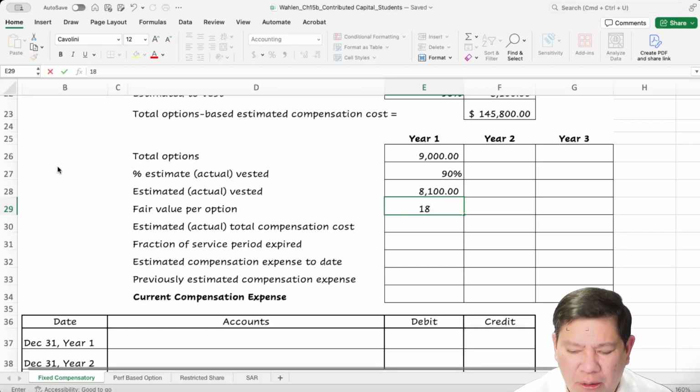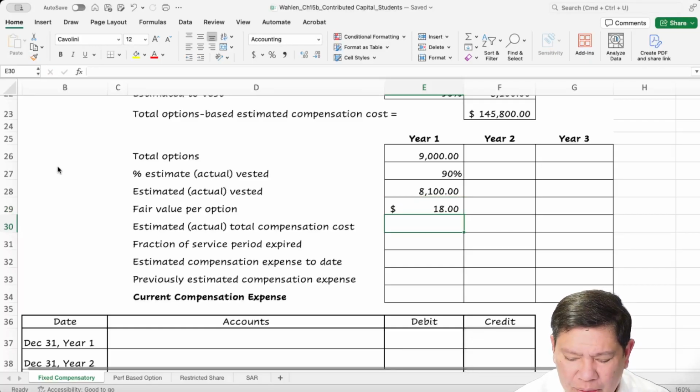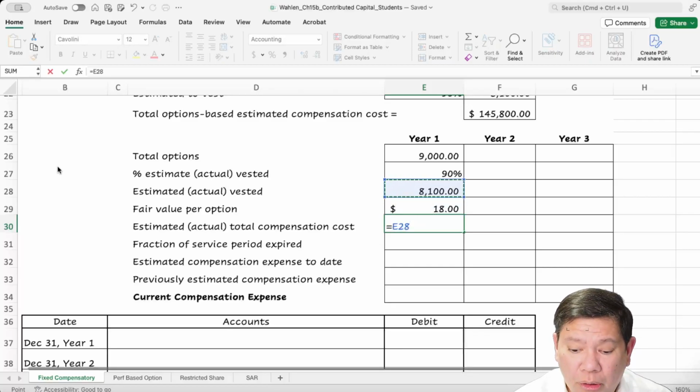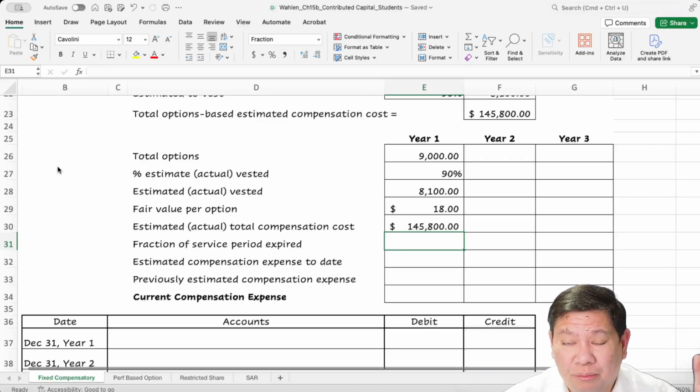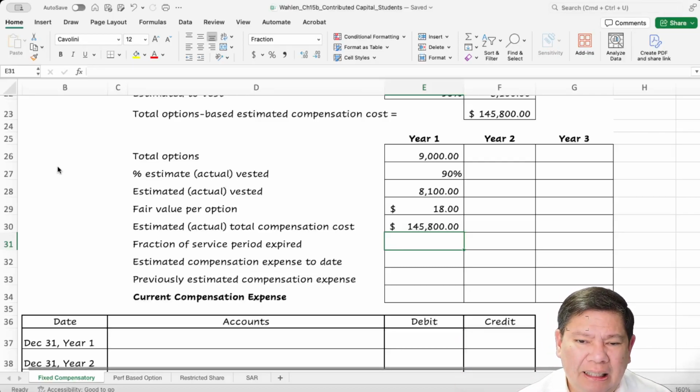Fair value per option is $18. So the estimated total by the end of year 3 is 145,800.